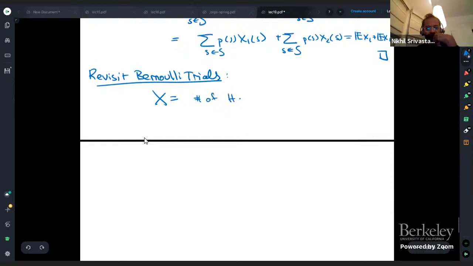That was our original random variable. What I'm going to do is define some new random variables. Define Xi to be 1 if the ith coin is heads, and 0 if it's tails, for i going from 1 to n coins.